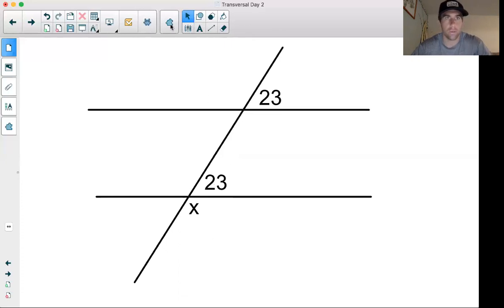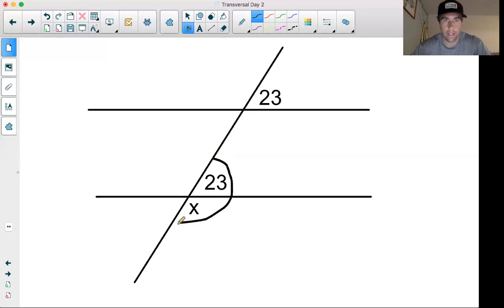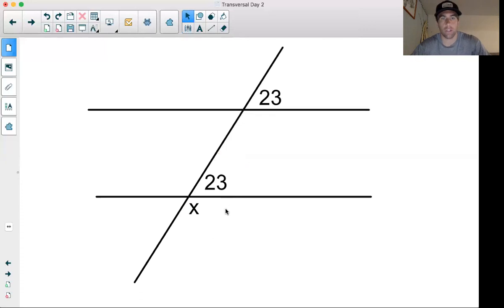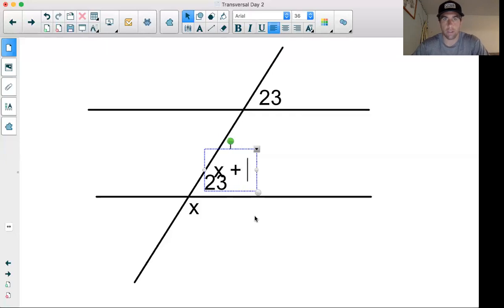So it goes all the way like that, right? It's supplementary. So these two angles should add up to what? 180 degrees, okay? So then you can make an equation. You can say X plus 23 equals 180, right?